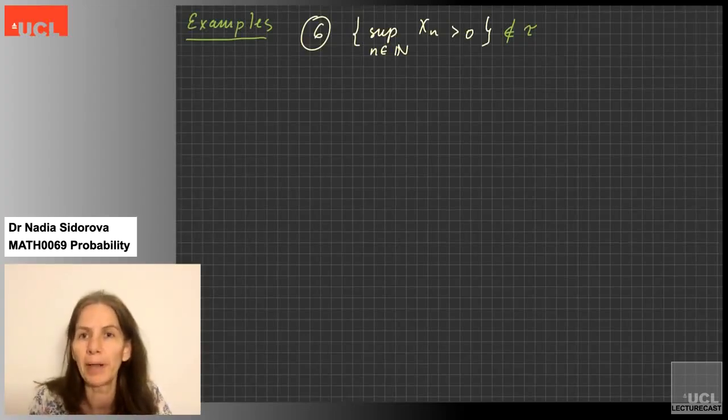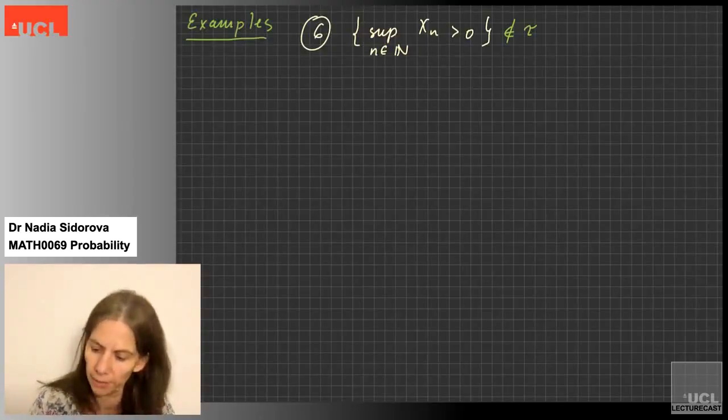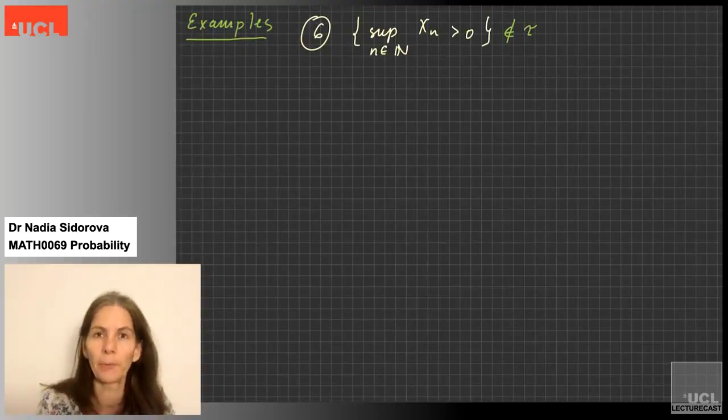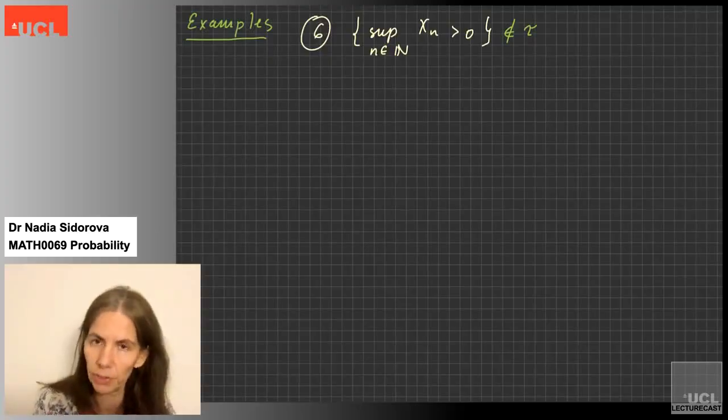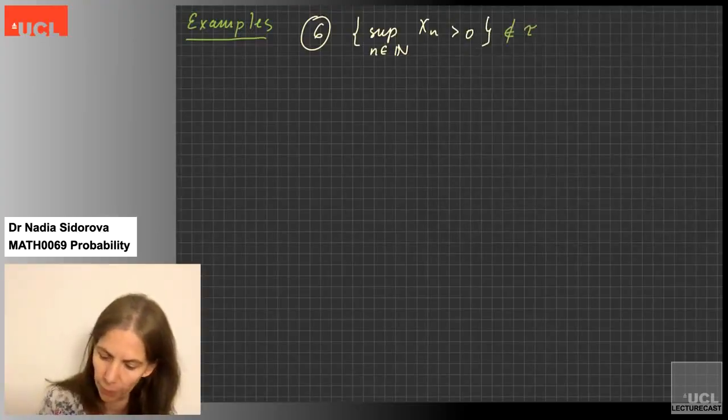So it might be a tail event, but our question is a general question. Is it always a tail event? And here the answer is no. And therefore it's enough to come up with an example showing that it is not a tail event in that example. And my example will be as follows.